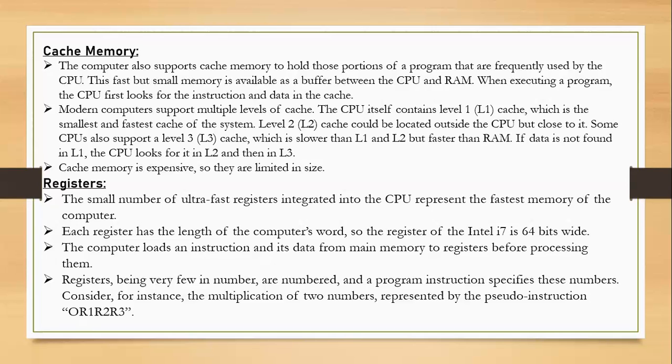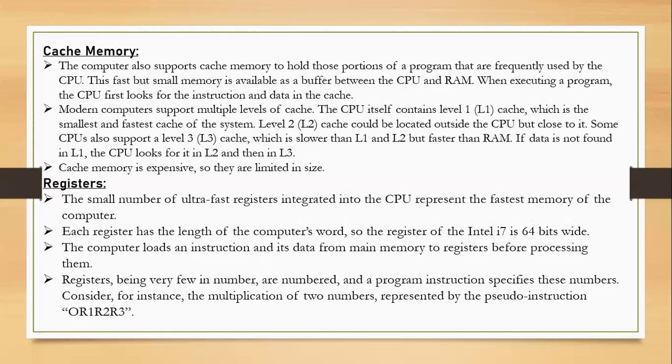Consider, for instance, the multiplication of two numbers represented by a pseudo instruction. Look at R1, R2, R3. R1, R2, R3 are the registers, and this is an instruction: multiplication of two numbers. This is called a pseudo instruction.